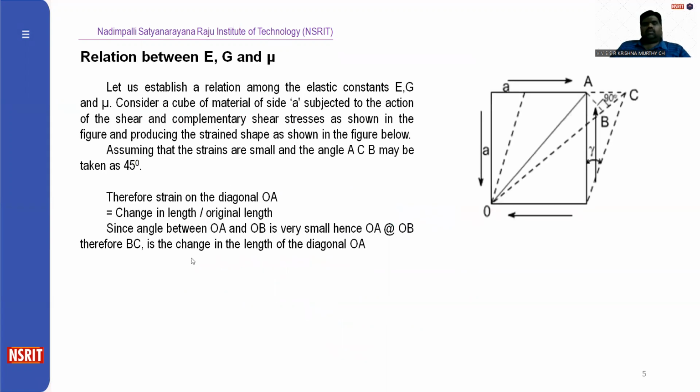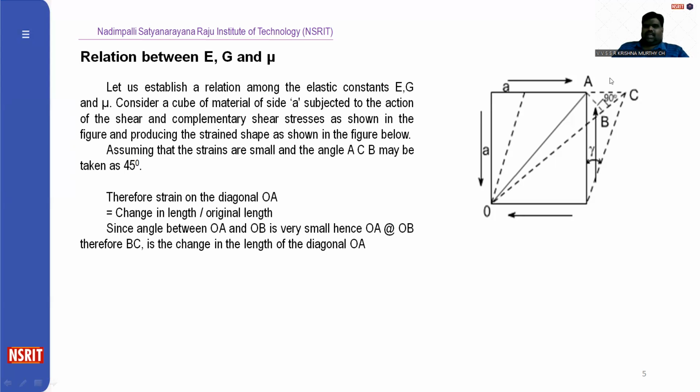So now we shall go with the relation between Young's modulus, modulus of rigidity, and Poisson's ratio. We know that modulus of elasticity is the ratio of normal stress to normal strain, and modulus of rigidity is defined as the ratio of shear stress to shear strain.